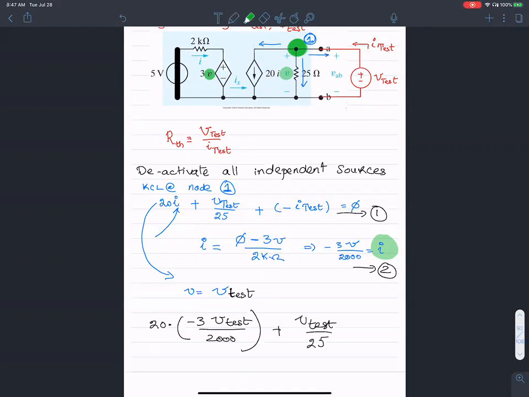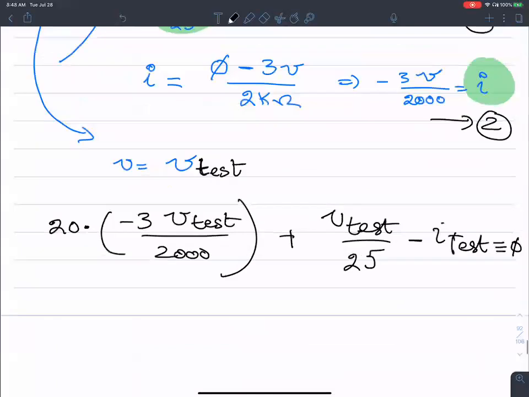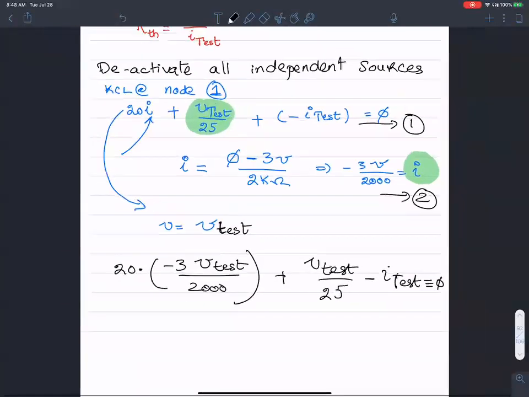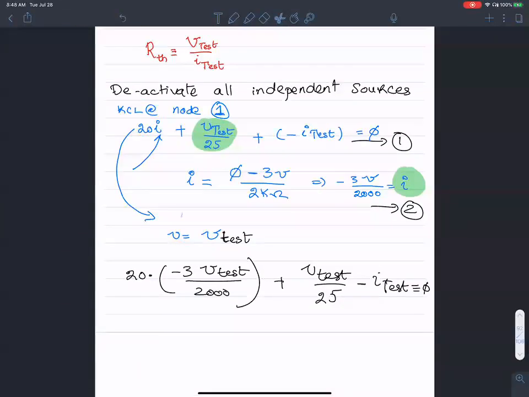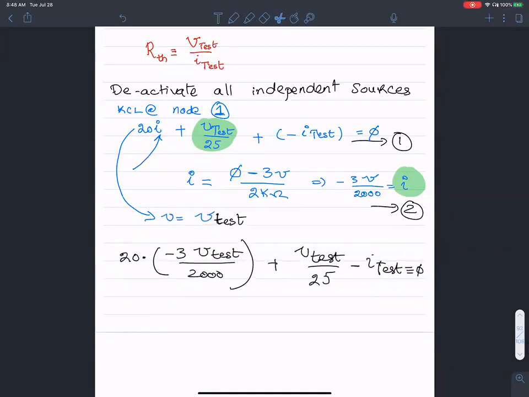So that's this guy, minus I test equals 0. So I end up with one equation, and there are two unknowns. So there's no way for me to find the value for these two unknowns over here.